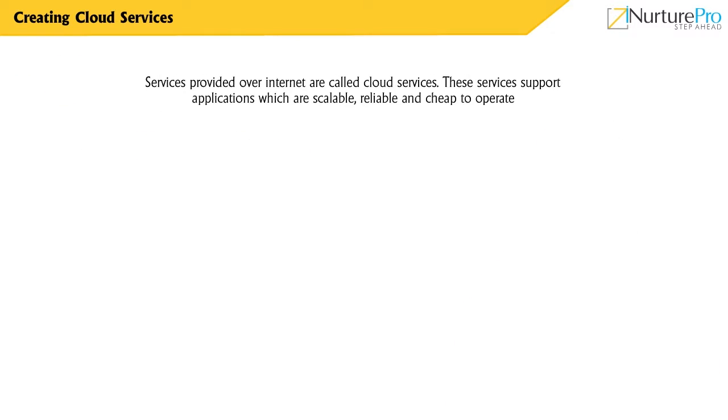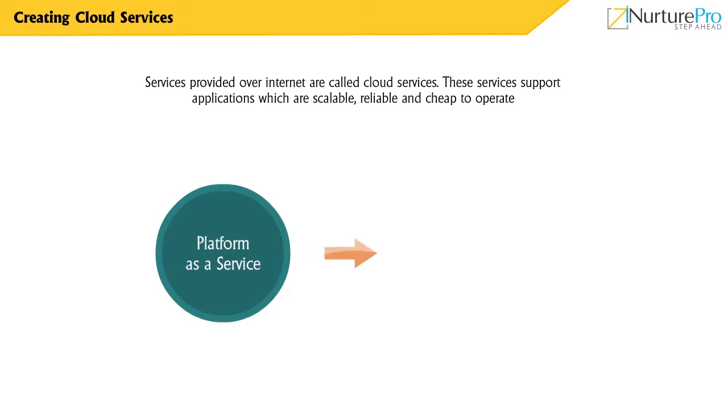The services that are provided over the internet are cloud services. These services support applications which are scalable, reliable, and cheap to operate. For example, Platform as a Service is a cloud computing model that delivers applications over the internet.